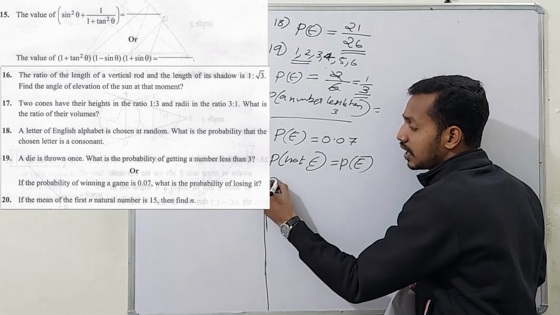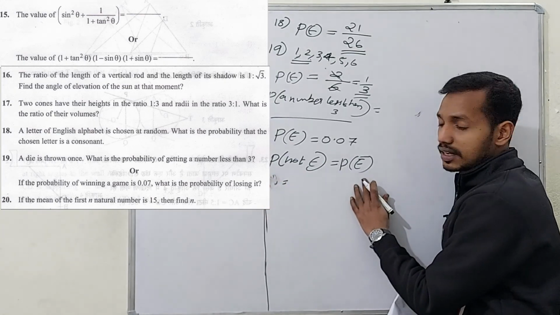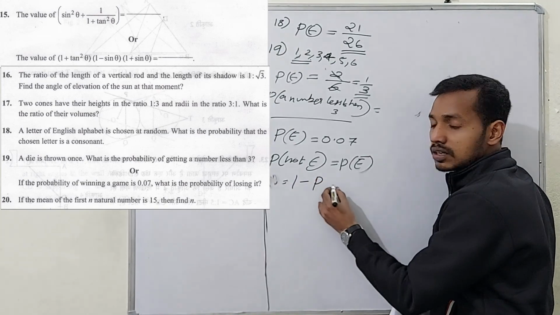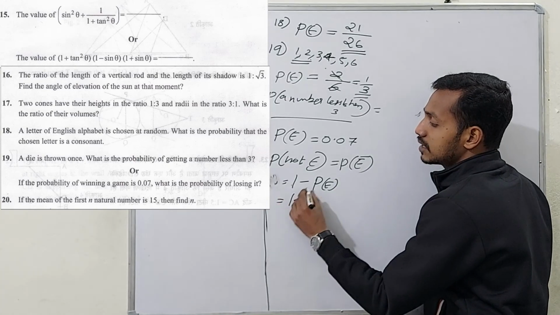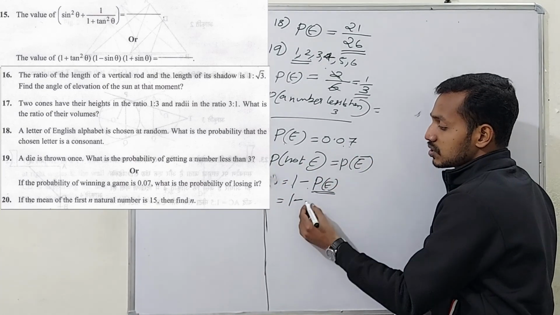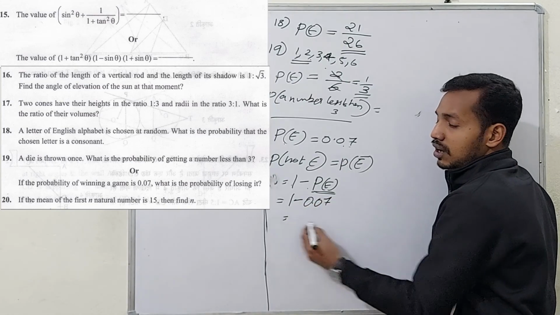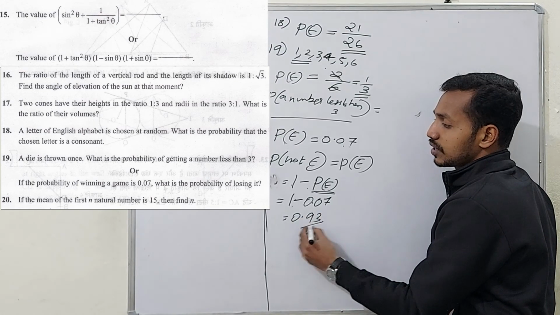What is the formula we have learned? The probability of the complementary event is equal to 1 minus the probability of that particular event, which is 1 minus 0.07, the probability of winning. 1 minus 0.07 is equal to 0.93.